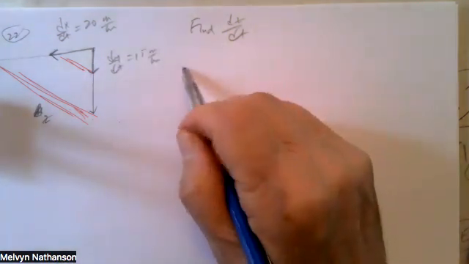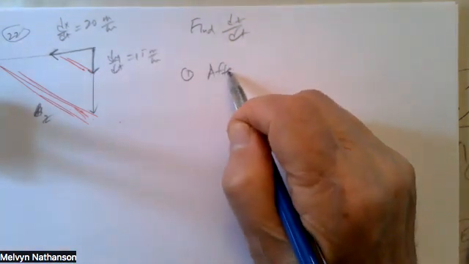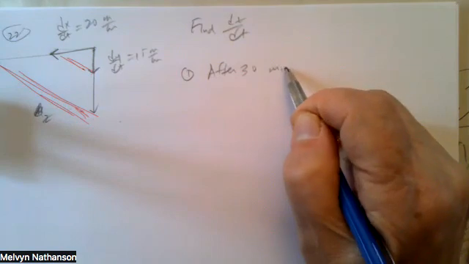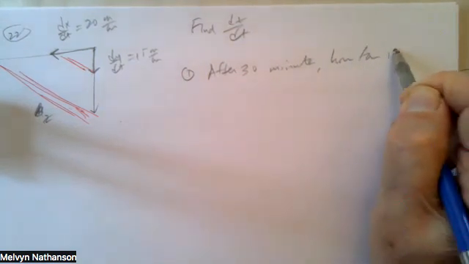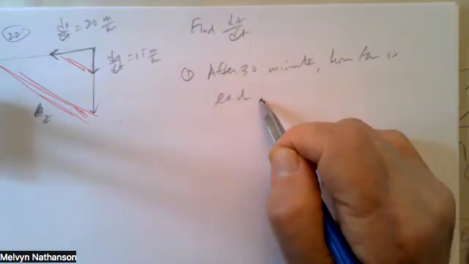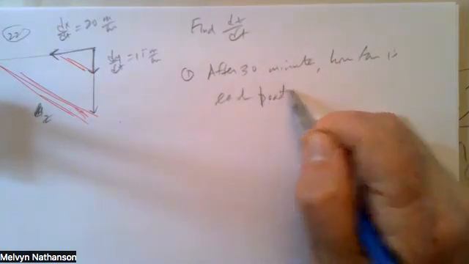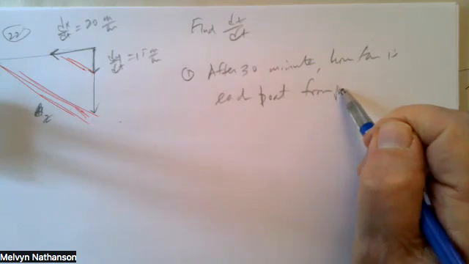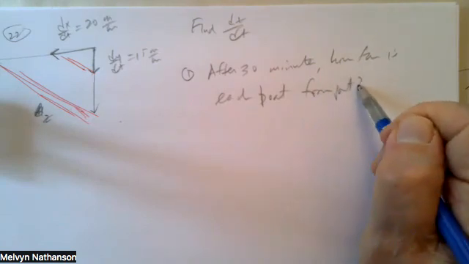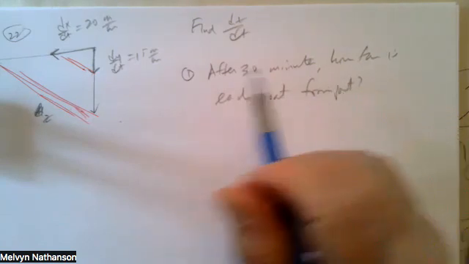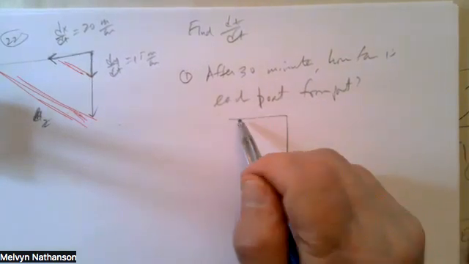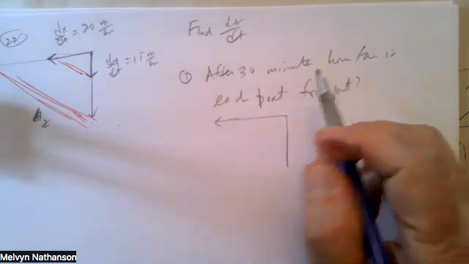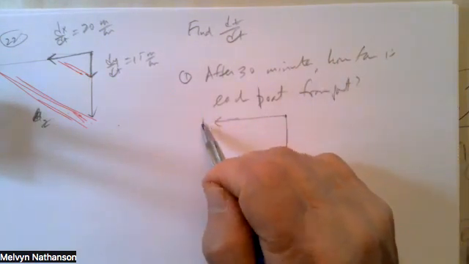So the first question is, after 30 minutes, how far is each boat from the port? Well, after 30 minutes, if the boat is traveling west at 20 miles an hour, it's moved 10 miles.